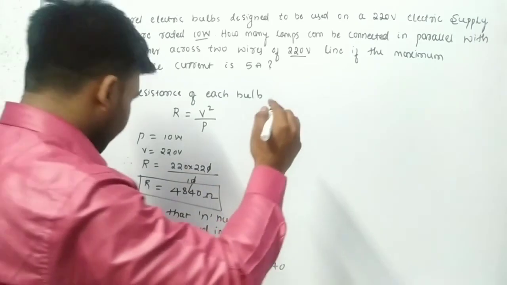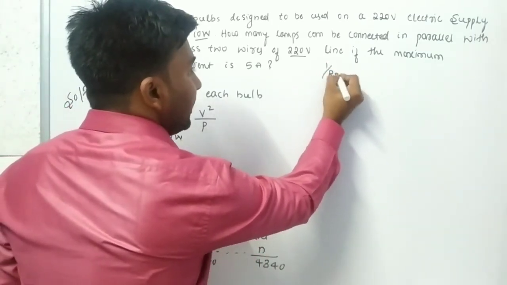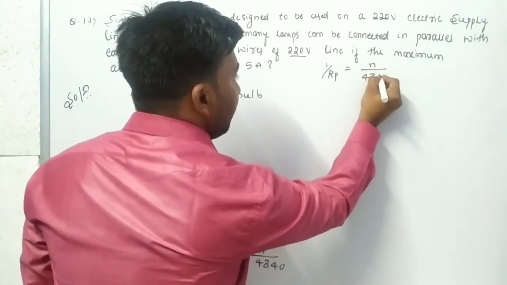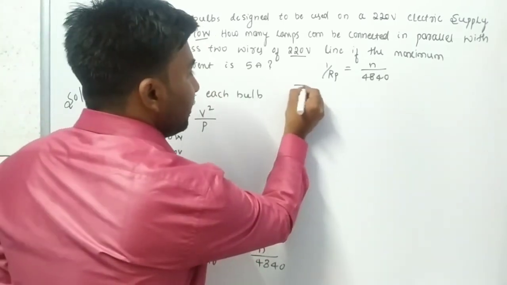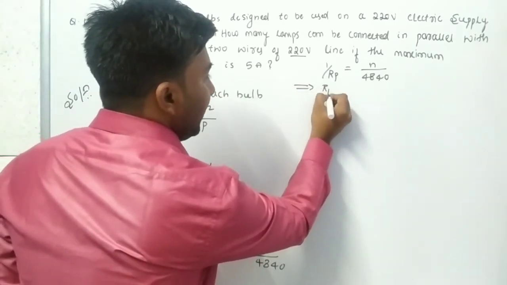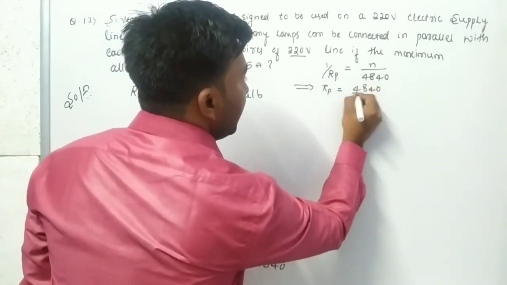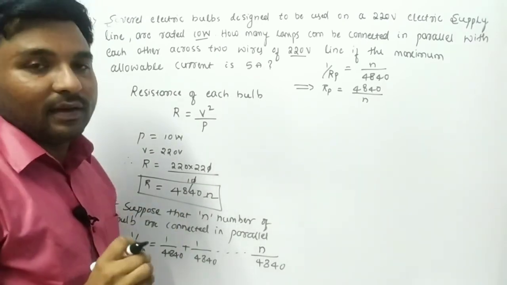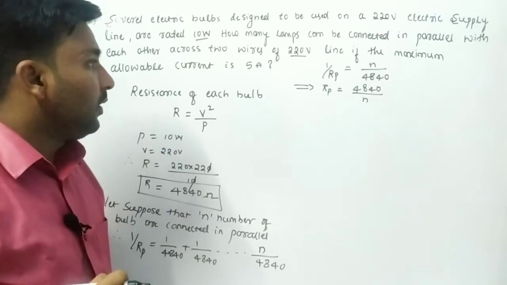So this can be written as 1 by Rp is equal to n divided by 4840, right? This implies that Rp is equal to 4840 divided by n. We got the equivalent resistance for n number of bulbs.